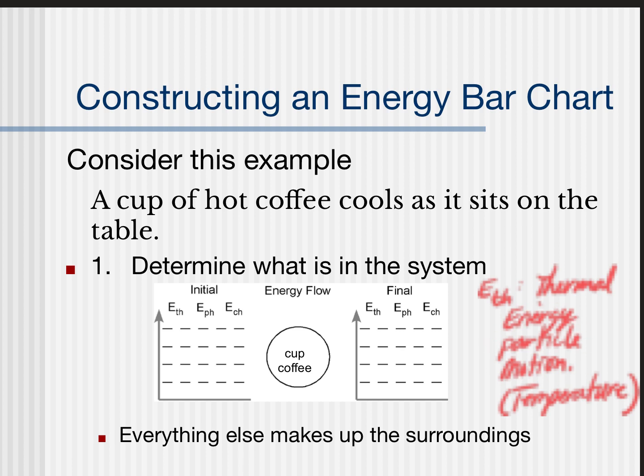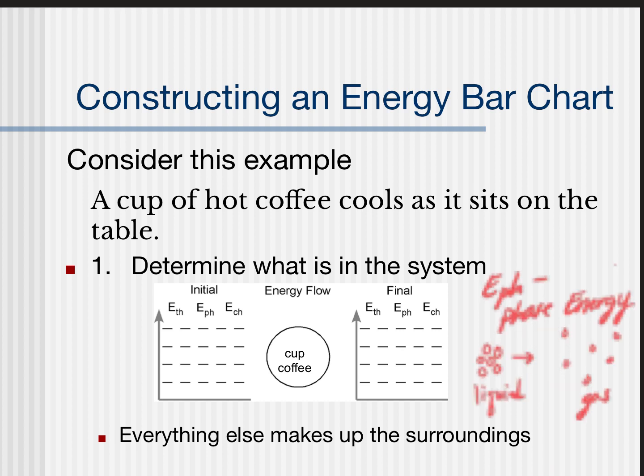Particles are moving around and that motion is storing energy. That results in temperature. Temperature is the motion of particles, and thermal energy causes particles to move the way that they do. So when we're talking about ETH, we're really referring to temperature.